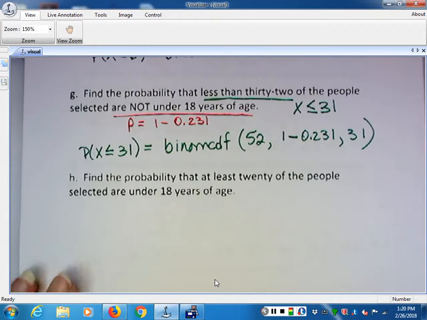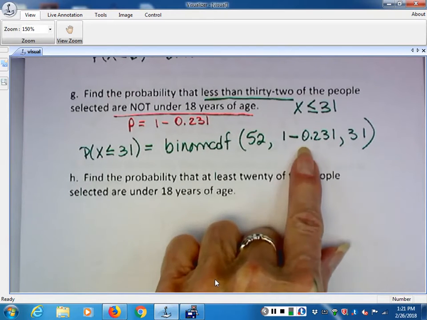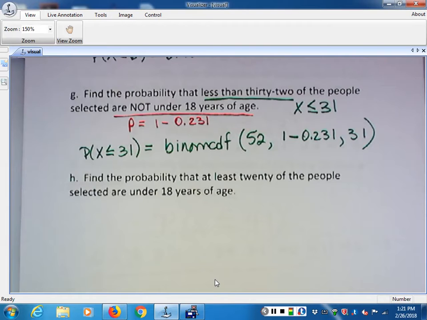And if you put it in exactly like I just wrote that, it will give you the right answer because it will do this subtraction before it calculates your probabilities.